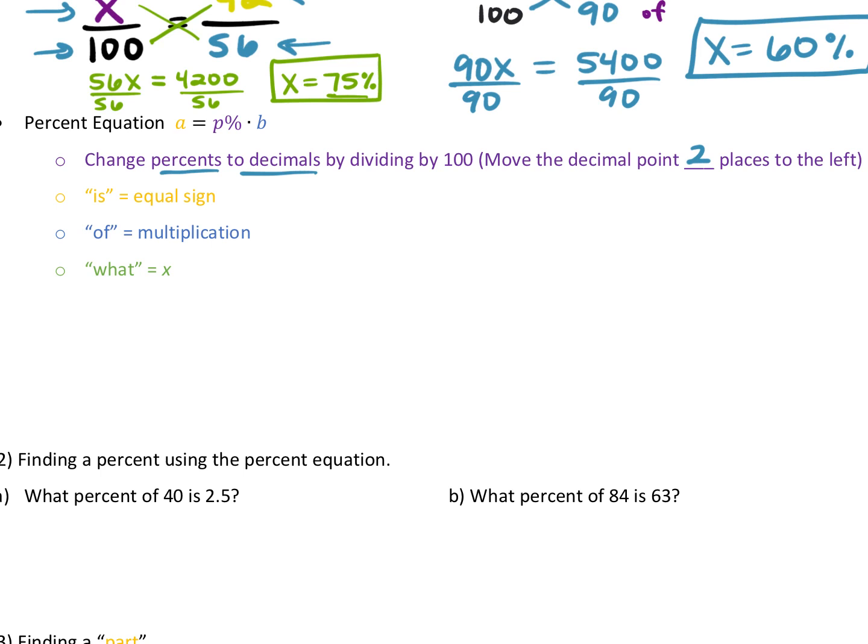And then some things to think of here. When you see is in math, it's an equal sign. When you see of in math, it's multiplication. And when you see the word what, that's your variable, that's your unknown, okay? So we're gonna use those concepts with this equation to figure out how we set this up.